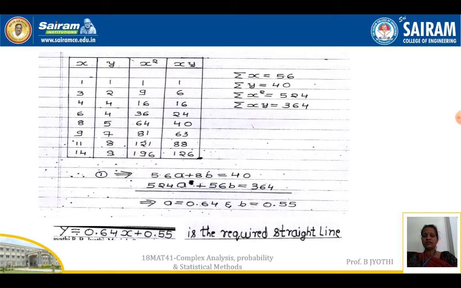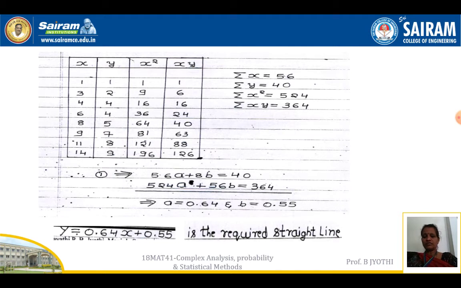So the normal equations are: 56a plus 8b is equal to 40, that is summation y, and 524a plus 56b is equal to 364, that is sigma xy. We have just rearranged and written.